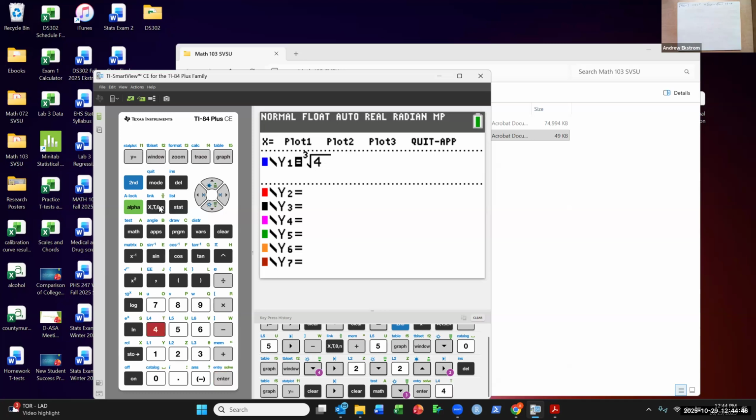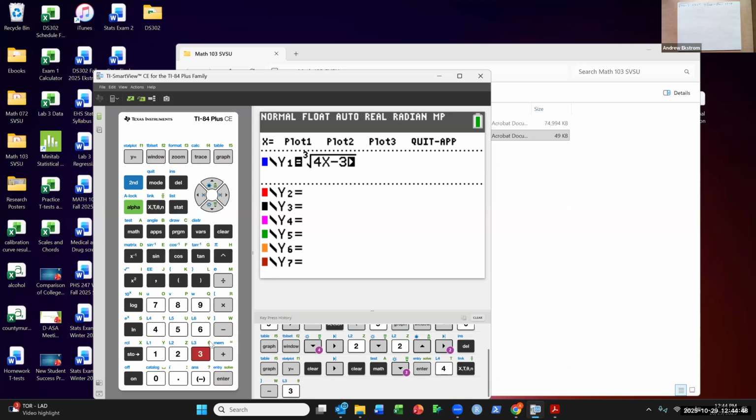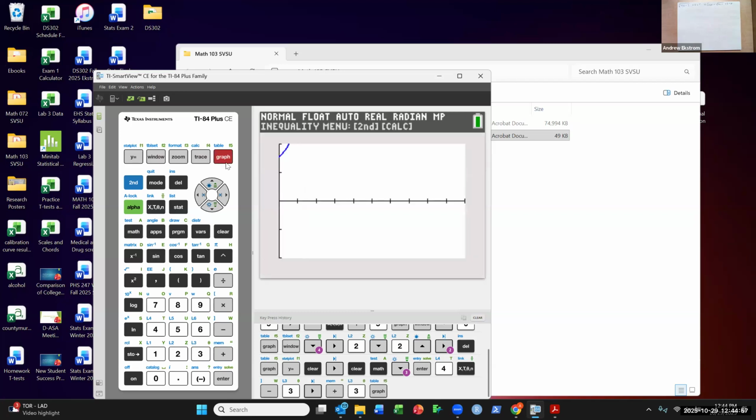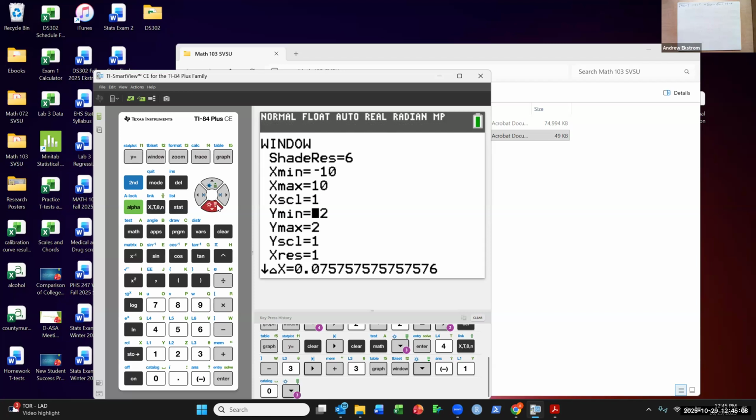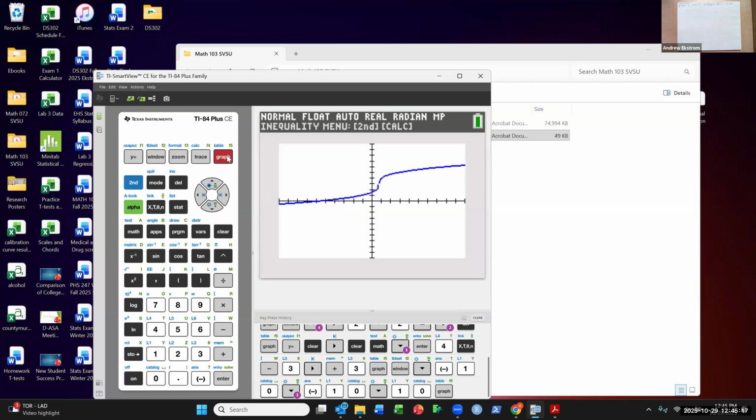So 4x minus 3, and then I have to pull this value out and say plus 3. And graph that. This isn't helping much, so I need to go back to, say, my original sized window. So negative 10 to 10, and then negative 10 to 10. Try graphing it again.